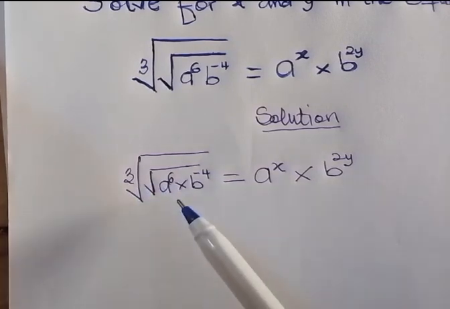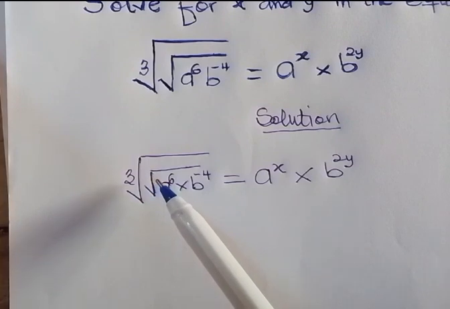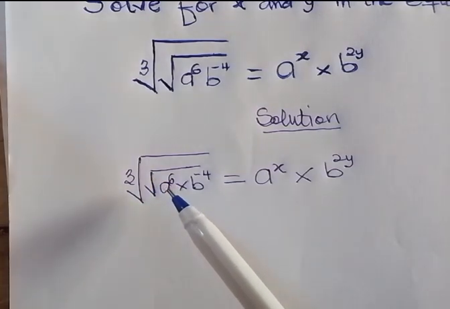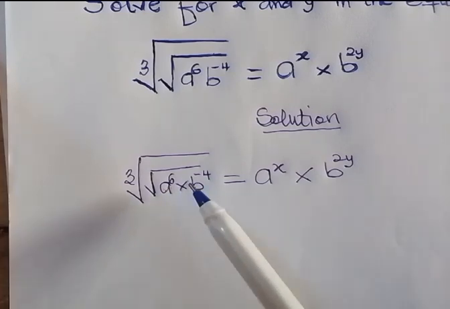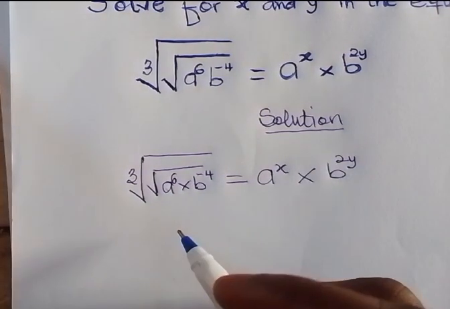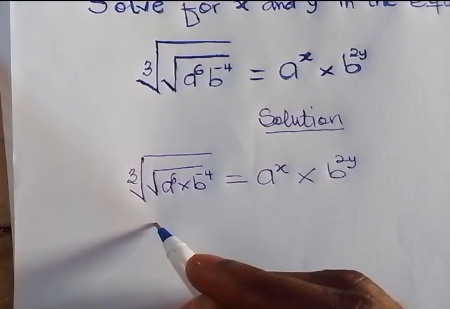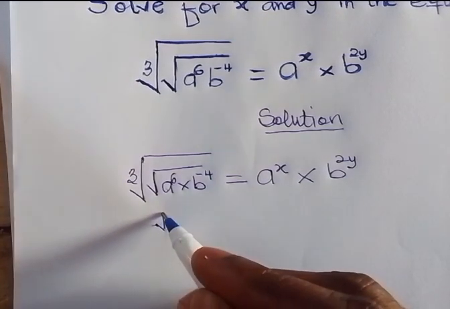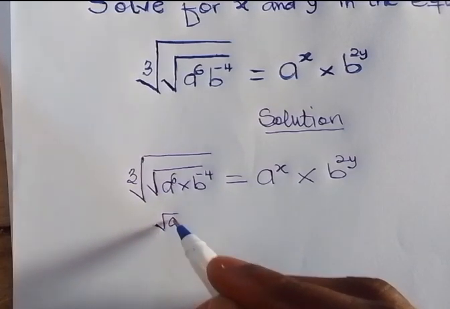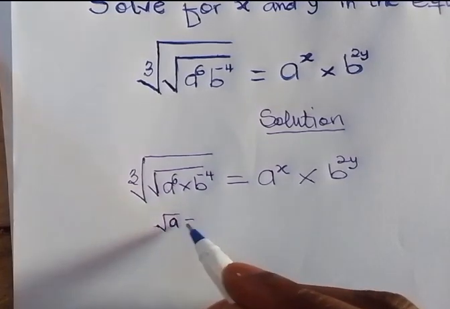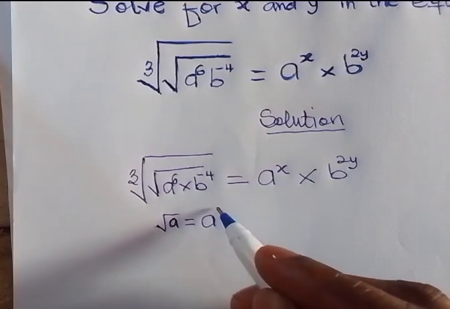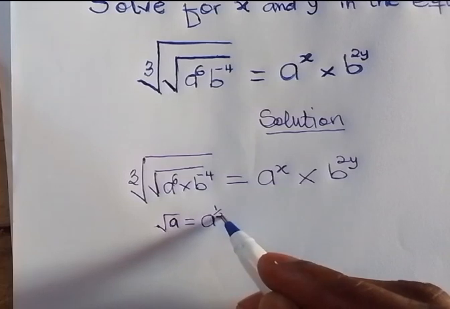It's either we apply the property for when you have a radical sign. For instance, if you have the square root of a, this can also be expressed as a exponent half.